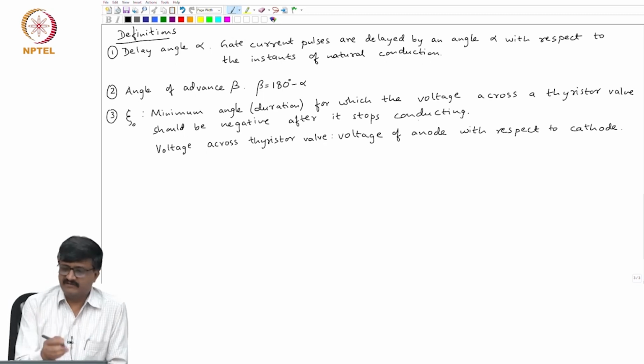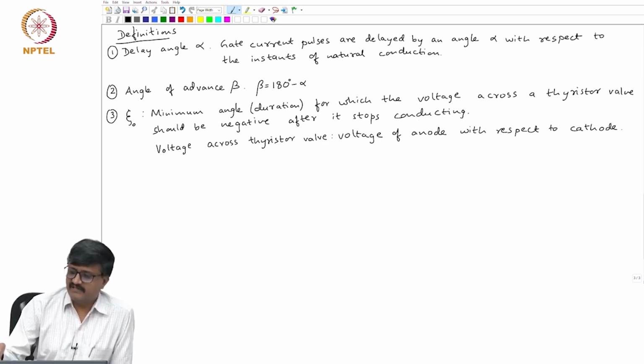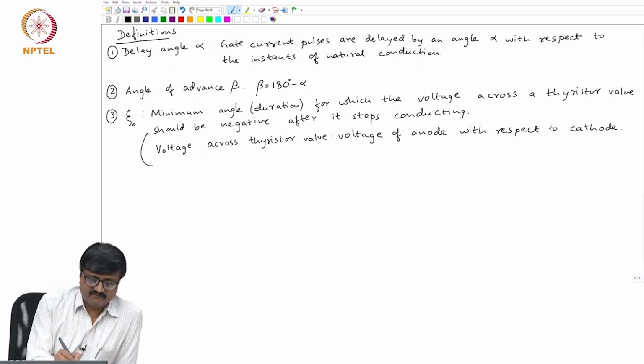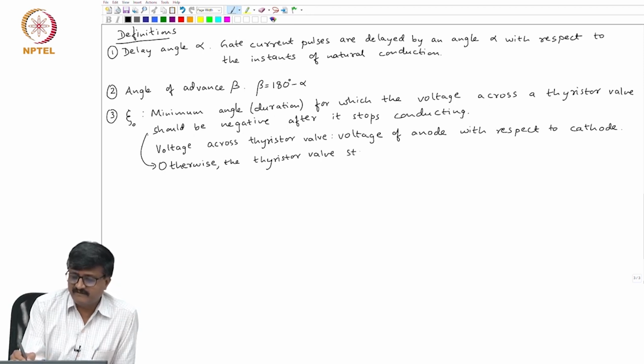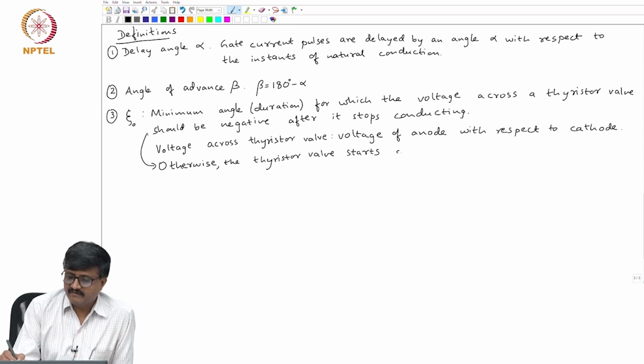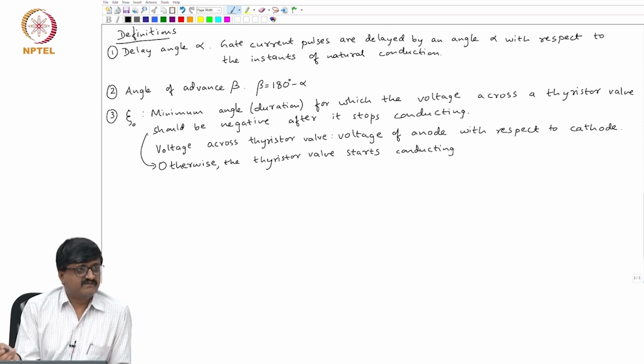Let me see what happens if it is not satisfied. Otherwise, the thyristor valve starts conducting. Why does it start conducting?